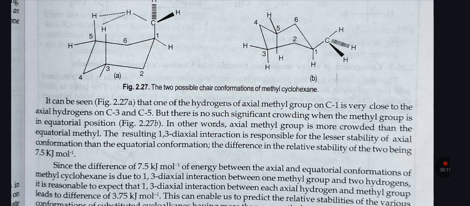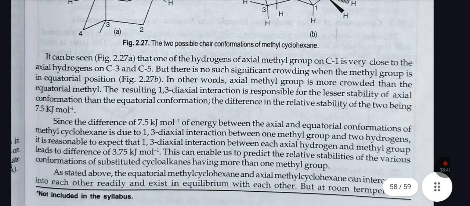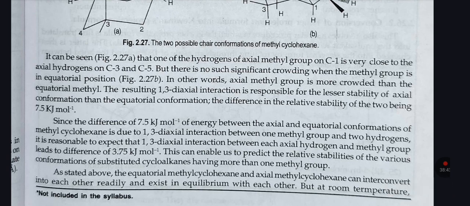Since this difference of 7.5 kJ per mole between axial and equatorial methylcyclohexane is due to 1,3-diaxial interaction between one methyl group and two hydrogens, it is reasonable to accept that the interaction between each axial hydrogen and the methyl group leads to a difference of 3.75 kJ per mole. This can enable us to predict the relative stability of the various conformations of substituted cycloalkanes having more than one methyl group.